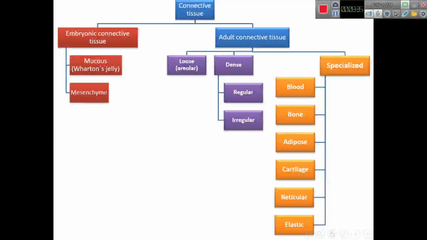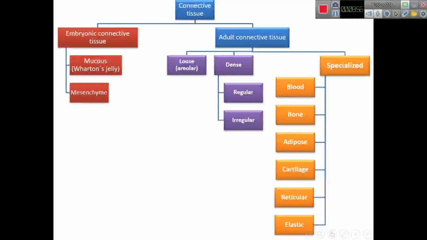So one example of this connective tissue is called Wharton jelly in the umbilical cord. And mesenchymal also has a high amount of cells. These two are the embryonic connective tissue.